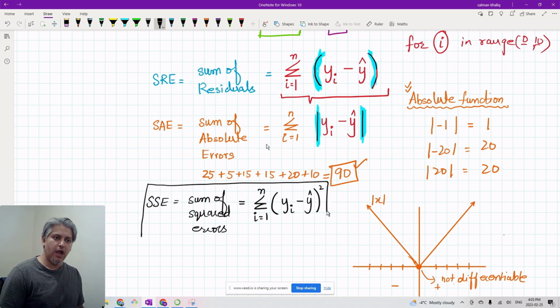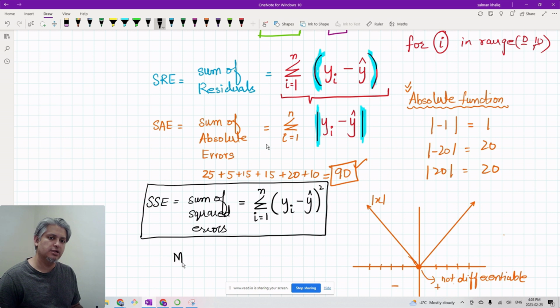Now, if you are not a beginner to machine learning, you must have learned about a few errors: mean squared error, mean absolute error. So the word mean means add all the values. Let's say y1 plus y2 plus y3. What is the mean of these three values?